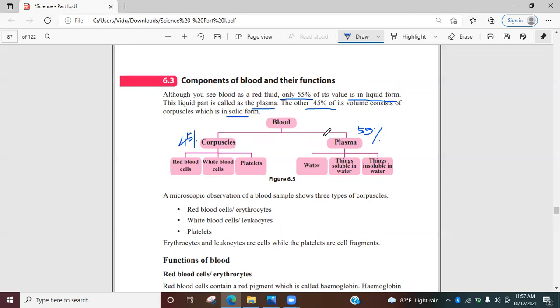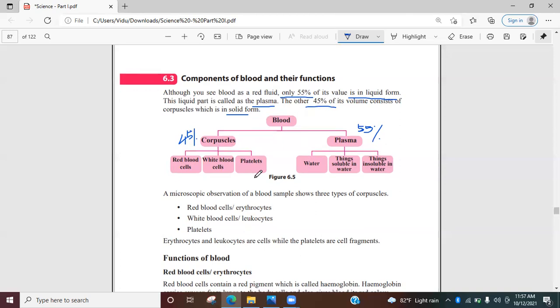Then plasma we can divide into three parts: water, things soluble in water, and things insoluble in water. Corpuscles can also be divided into three parts: red blood cells, white blood cells, and platelets.